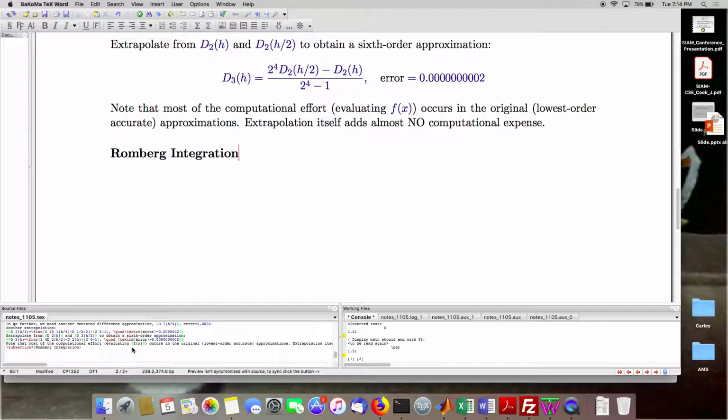Okay. So if I were to describe Romberg Integration in as few words as possible, I can easily do so in the form of an equation. You can think of it as the composite trapezoidal rule plus Richardson extrapolation.